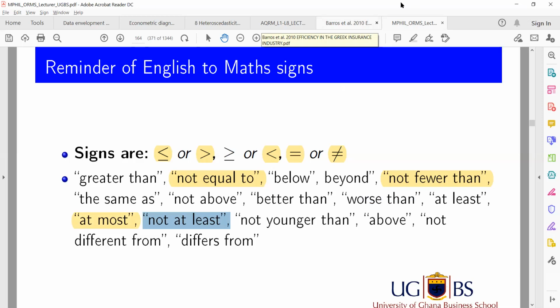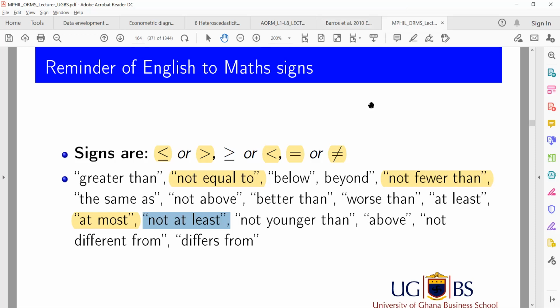Deal with the at least and put it down. And then ask yourself, what is the opposite of that at least? At least is greater or equal to. So what is the opposite of that? Less than. So if you don't deal with it that way, you will miss it all the time.